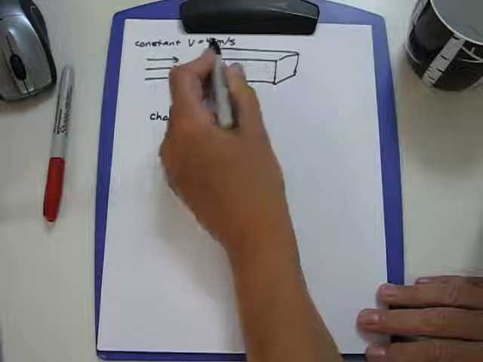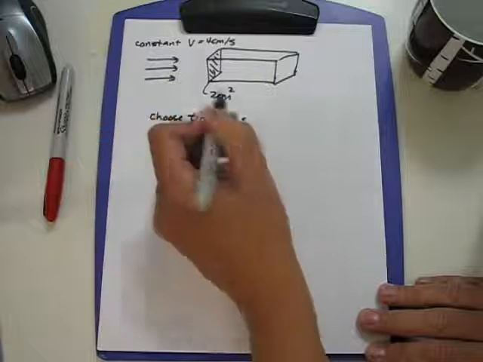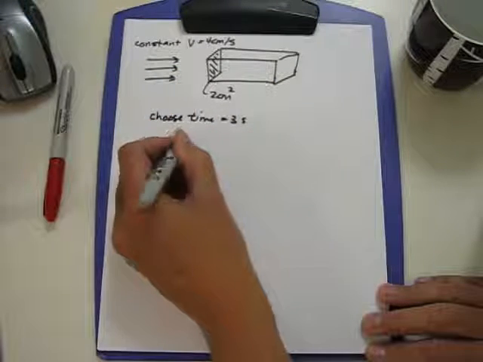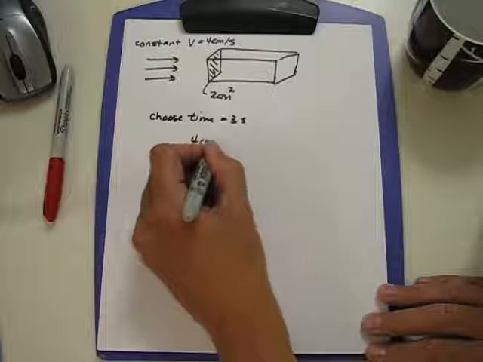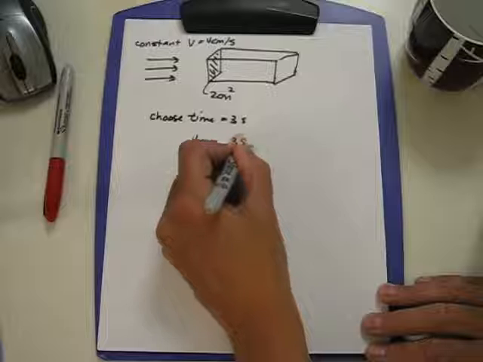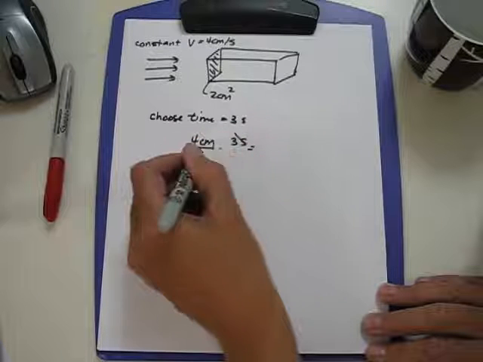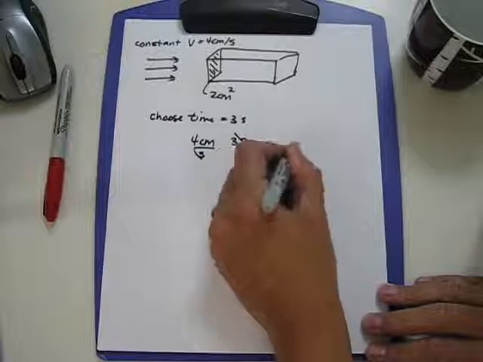So the fluid is traveling at 4 centimeters per second. So over a time of 3 seconds, this fluid would have gone a distance of 4 centimeters per second times 3 seconds, or it would have gone 12 centimeters.